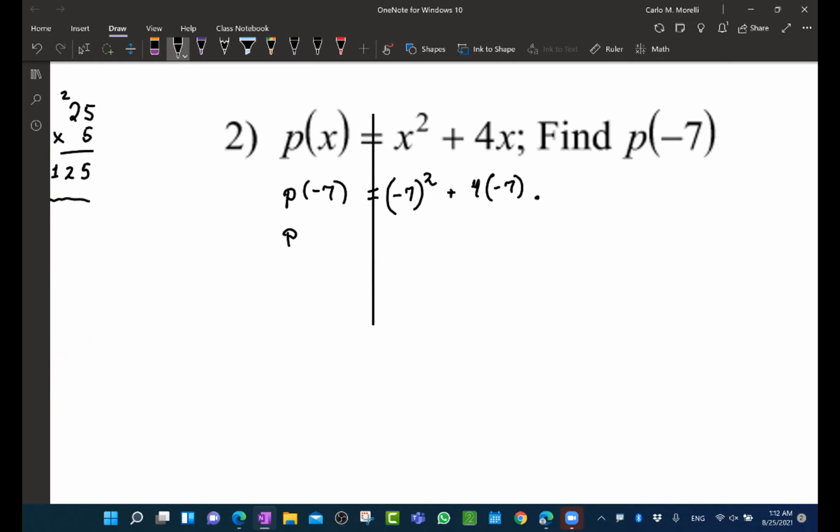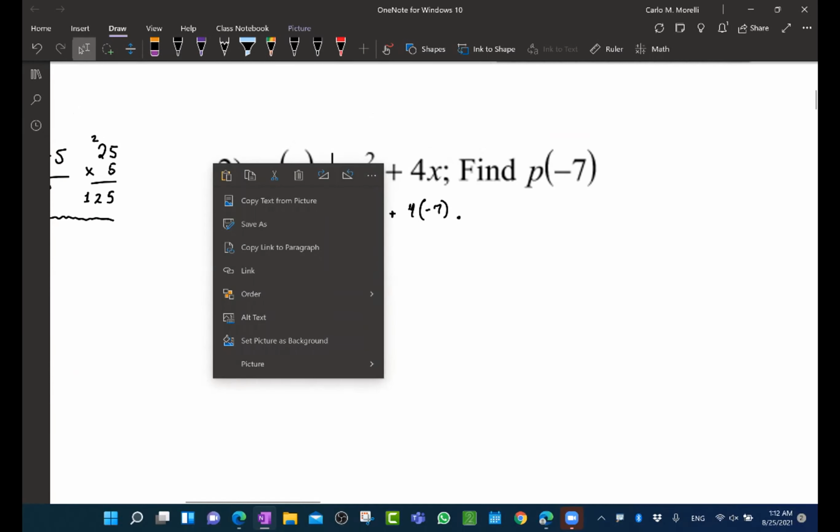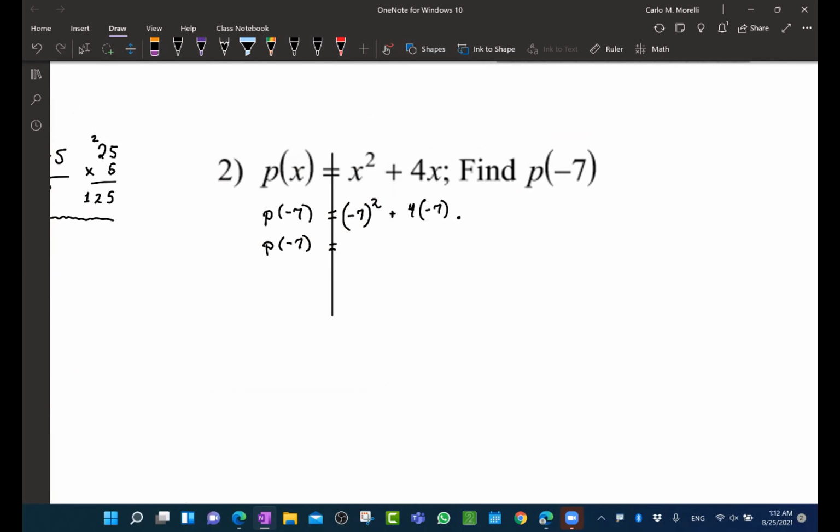So now P of -7 equals, all right? Well, now we need to square -7. And we're going to do that in side work because we're showing all of our work. For little problems like this, I can understand why you would be frustrated that I'm asking you to do this.